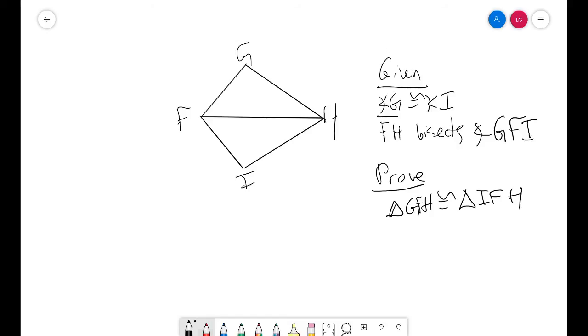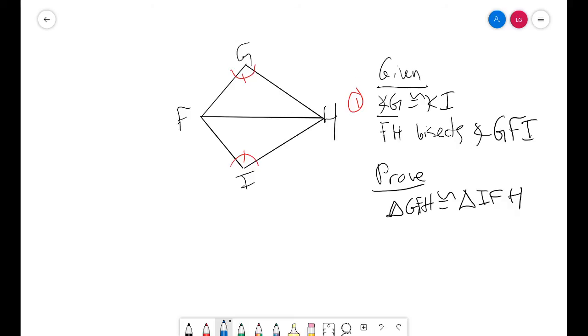All right. What are we given? We're given this, right here. And we're also given that the line segment FH bisects the angle GFI. So a couple things that we need to recognize. Can we identify the pieces?